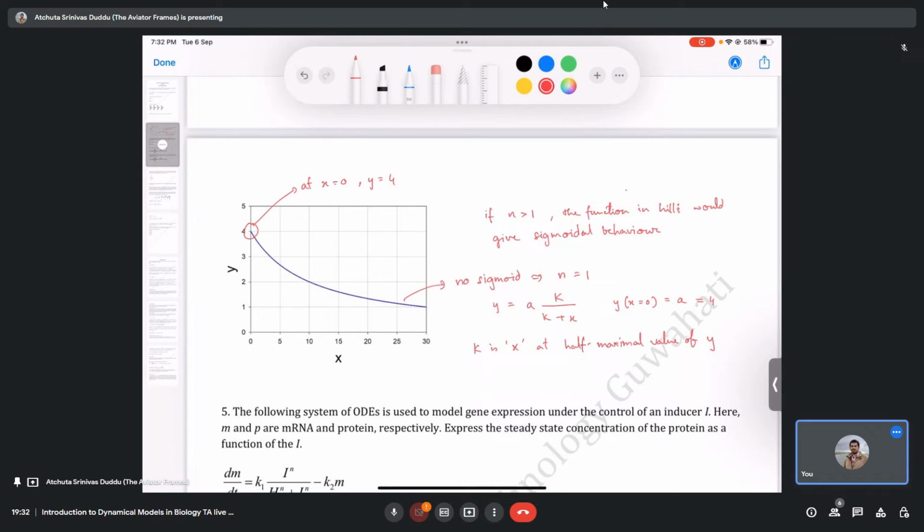So in that case, y max we have equal to 4, right? Which is at x equal to 0. So half into 4 equal to 2 is the y value. So the corresponding x equal to the k value would be at 10. If you see, this is the point which is the half maximal value.